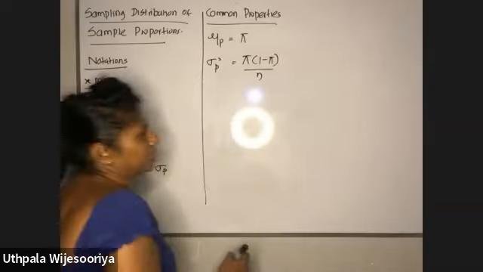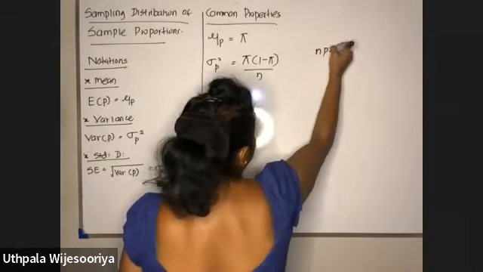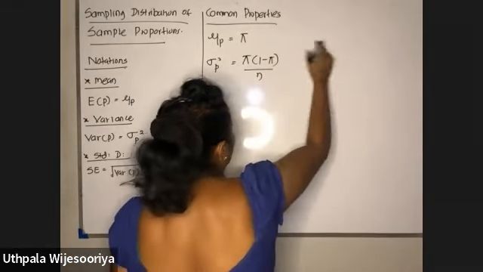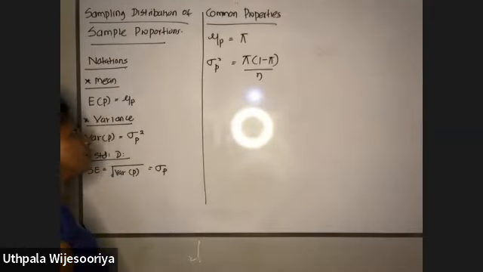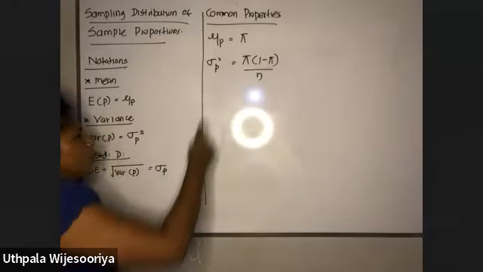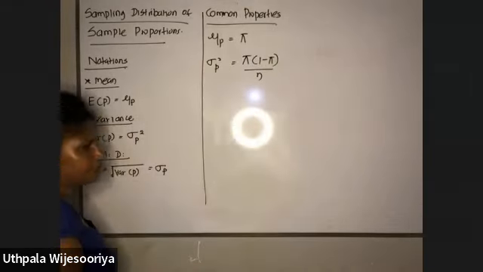What is the variance in the binomial distribution again? NPQ, where Q is 1 minus p. Here, without the n, it is just PQ over n. So this is your variance. The mean of that sampling distribution is equal to the population proportion, and the variance is the population proportion into 1 minus that, divided by the sample size.